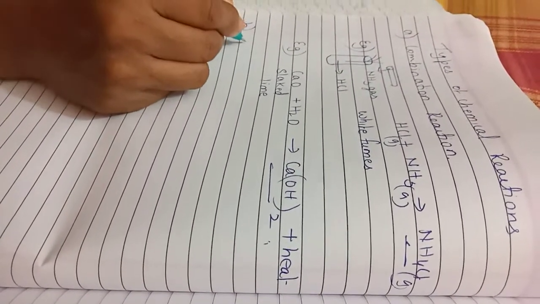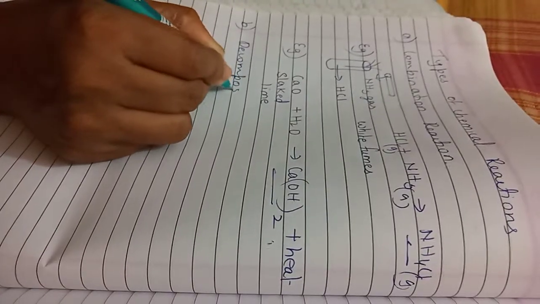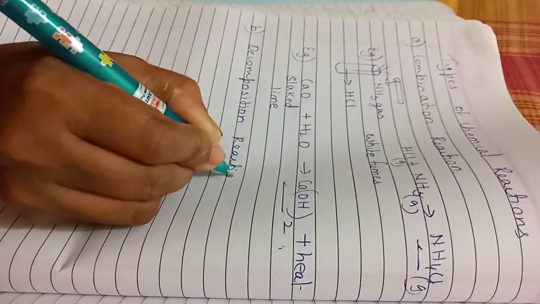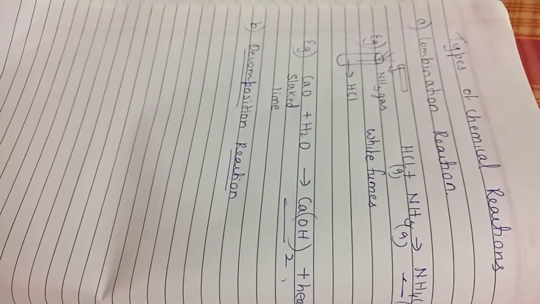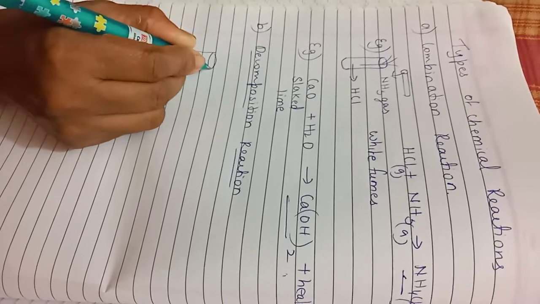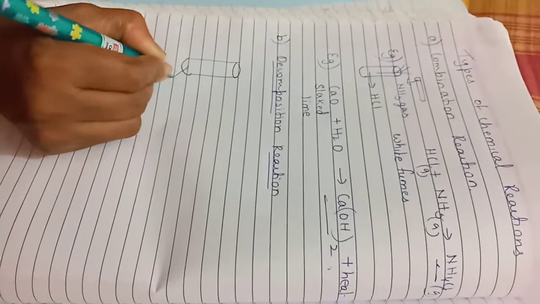Next, we will discuss something called decomposition reaction. What do you do in decomposition reaction? Simple. You take calcium carbonate in a test tube.